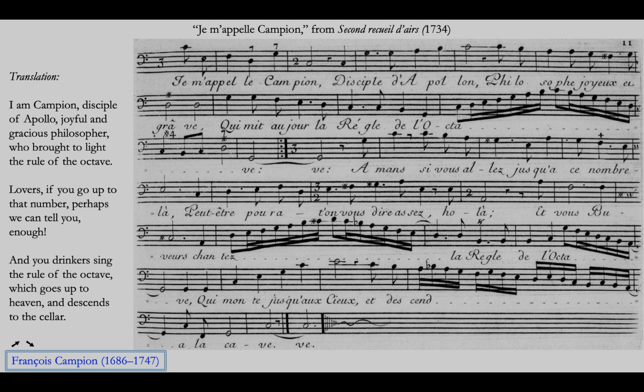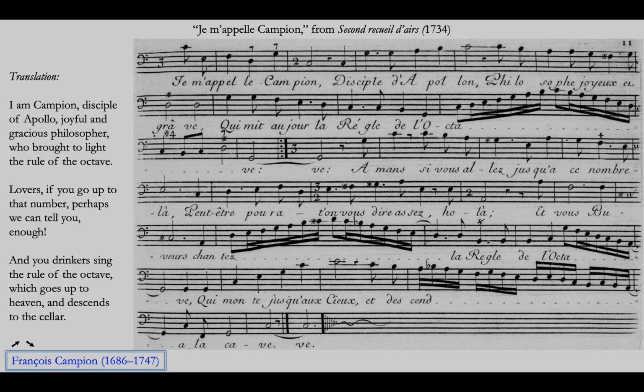Et vous, cœur, chantez la règle de l'octave qui monte jusqu'au ciel et descend à la barbe. Amant, si vous allez jusqu'à ce nombre-là, peut-être pourra-t-on vous dire assez au-là.